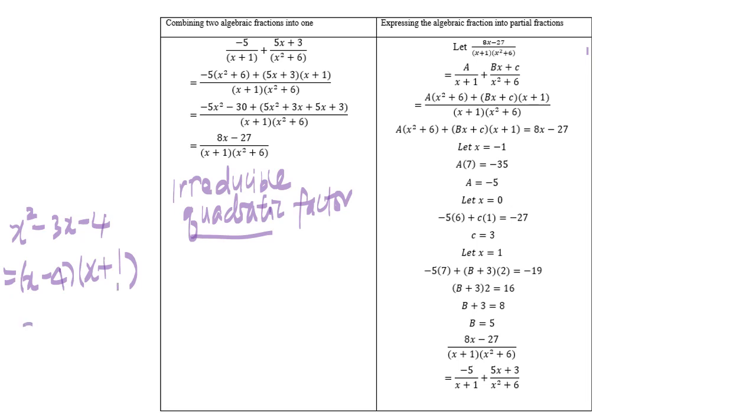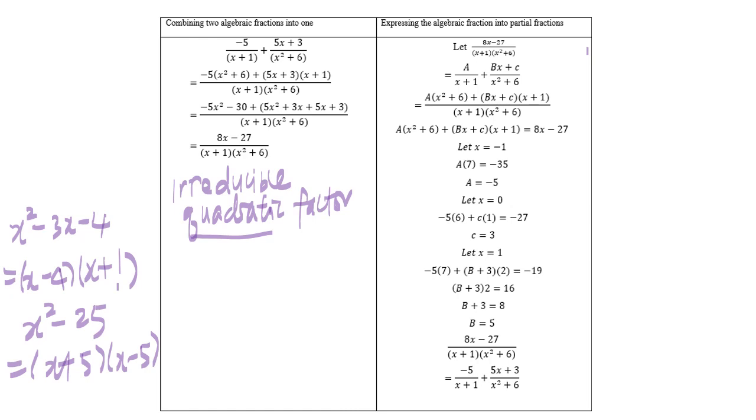Another example is, let's say, x squared minus 25. This one can be factorized into x plus 5 and x minus 5. So the two examples I've given you are reducible quadratic factors. Irreducible means you cannot factorize it any further.